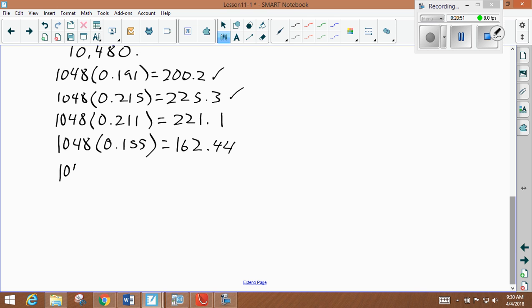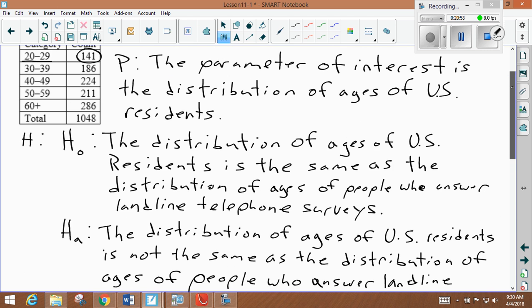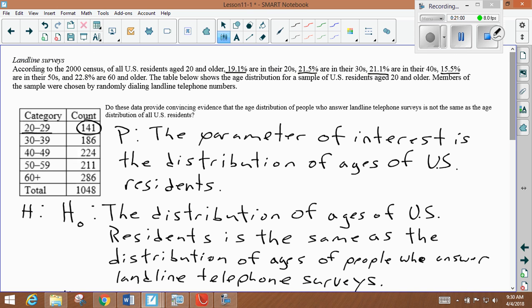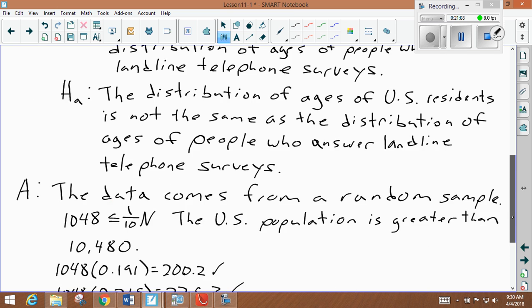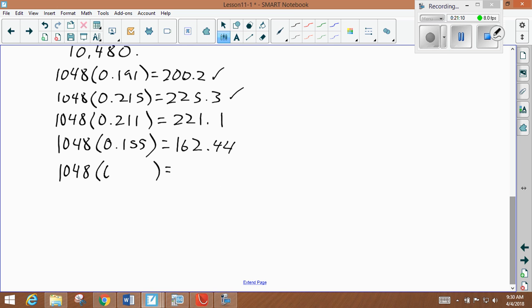And then the last one is residents over 60. That proportion is 22.8%, so 0.228, which gives 238.944. Awesome. All of these check out. They are greater than 5.